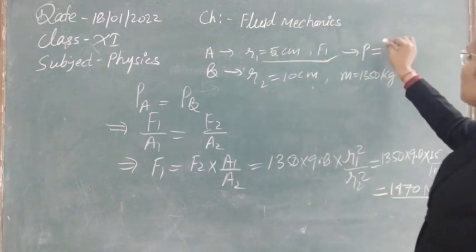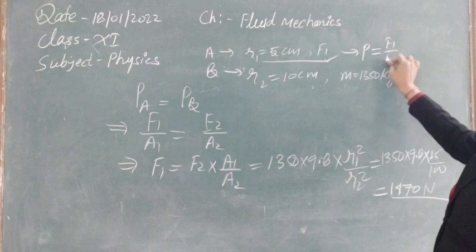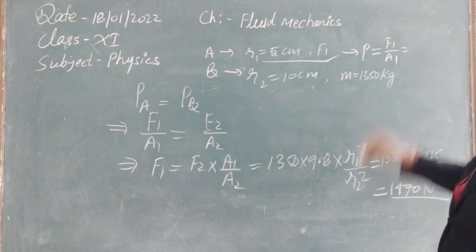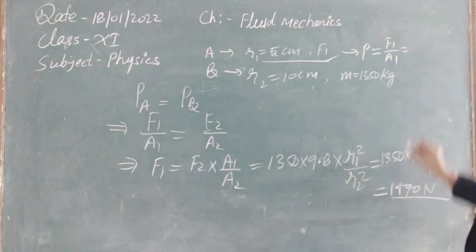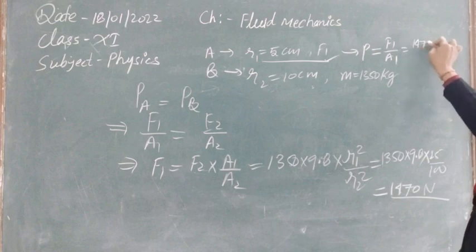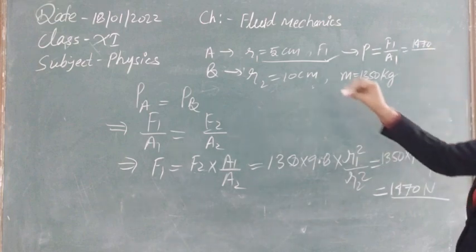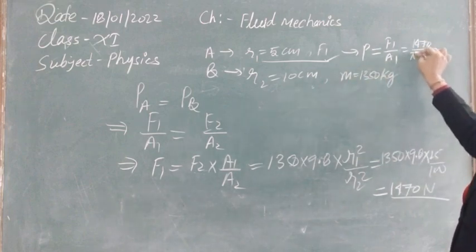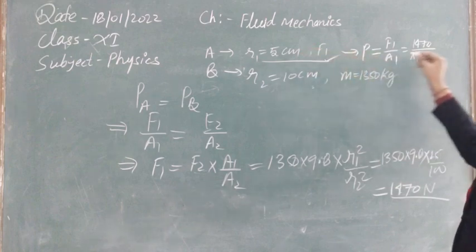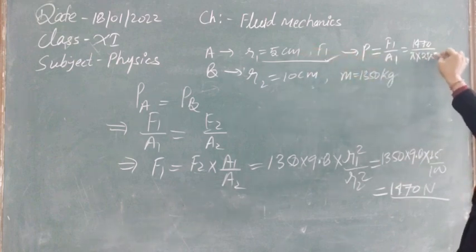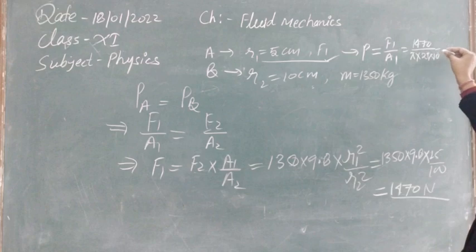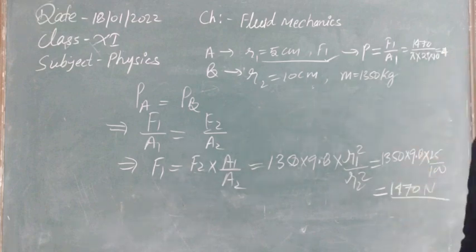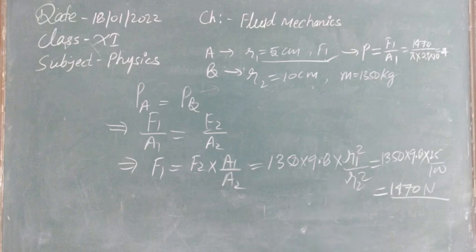So pressure is equal to force upon area. Now force we have just now calculated, this is 1470 Newton, and area is pi into R1 square. So this is 25, and you can also convert it into meter square, so this will be 10 to the power minus 4.